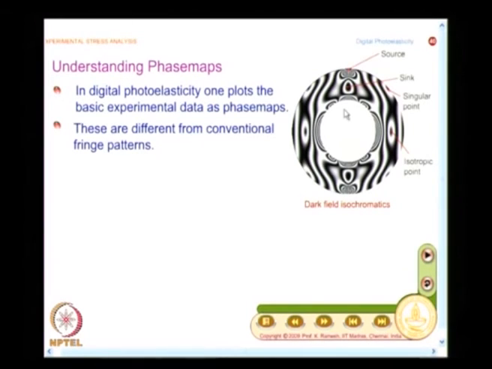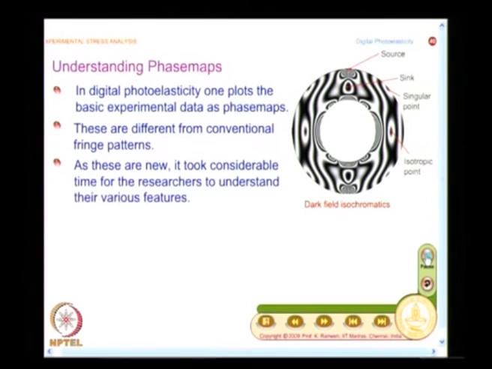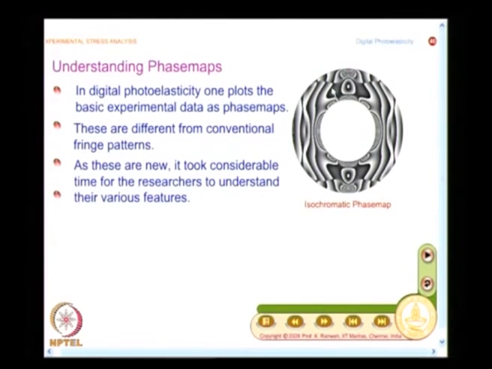We also know from conventional photoelasticity that I have isotropic points, singular points, sink, source, and so on. What you find here is a very interesting aspect. You see in this zone a borderline, and there is a sudden change in the way the intensity changes.